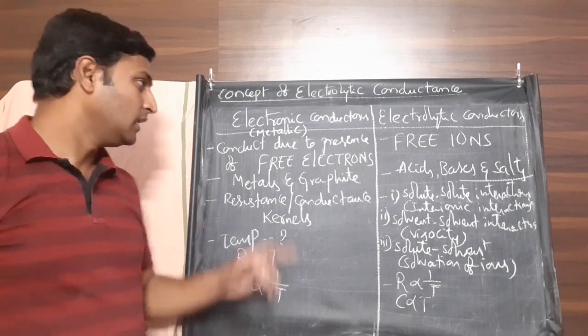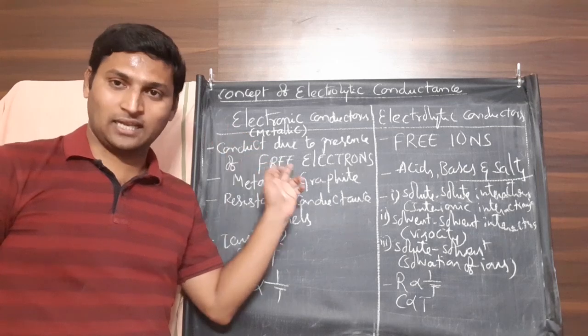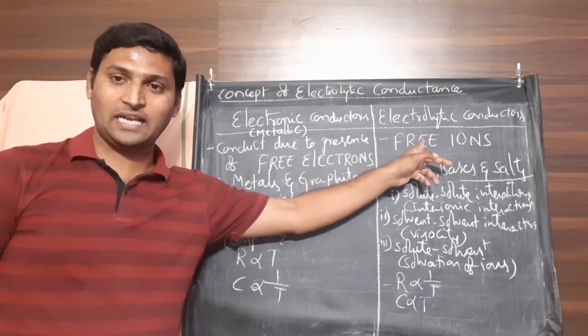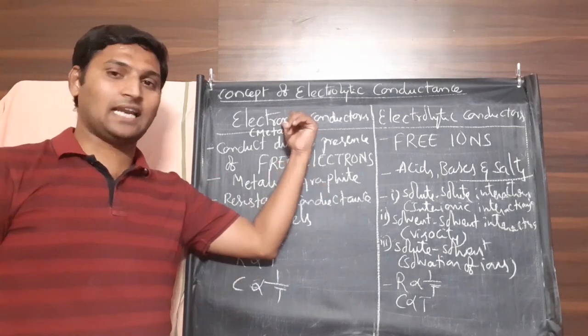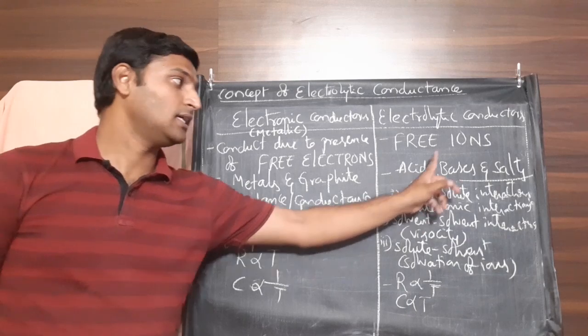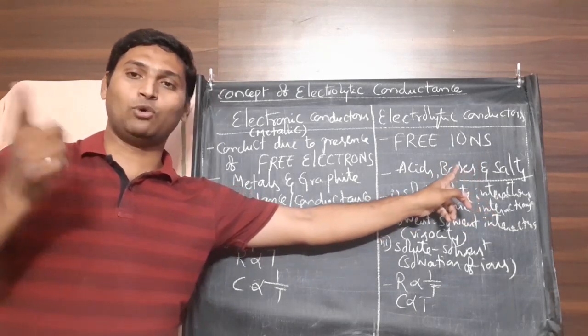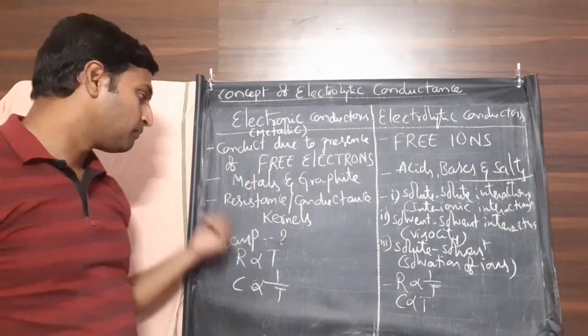So quickly, the substances conducting due to free electrons are electronic conductors. Those conducting due to free ions are electrolytic conductors. Metals and graphite act as electronic conductors. Acids in their aqueous solutions, bases and salts in their molten state as well as aqueous solutions behave as electrolytic conductors.